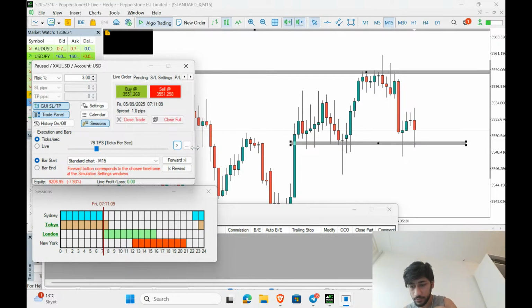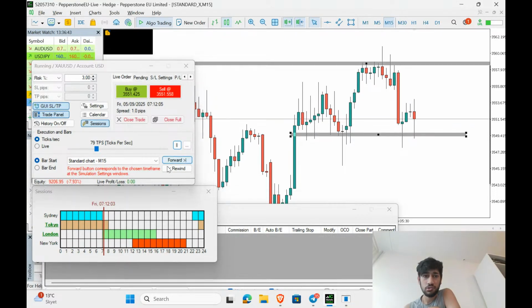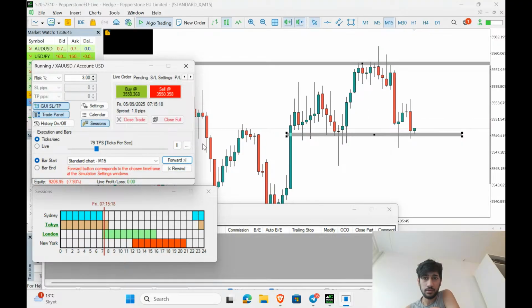Modify, modify. Let's see how it plays. Still bullish.